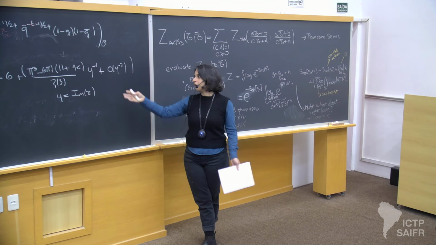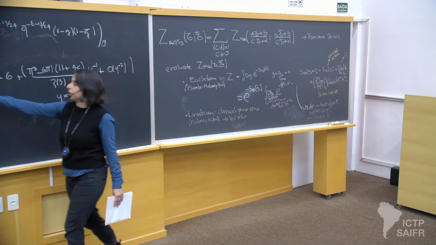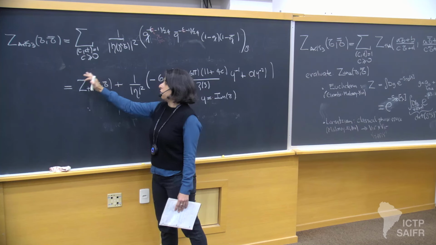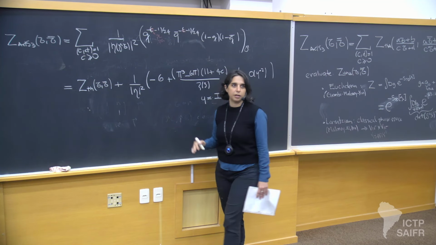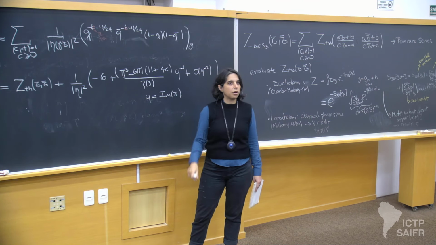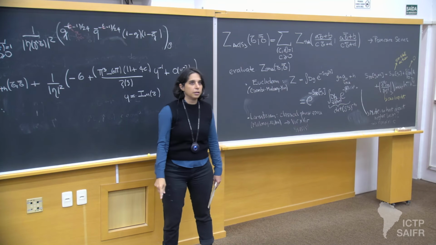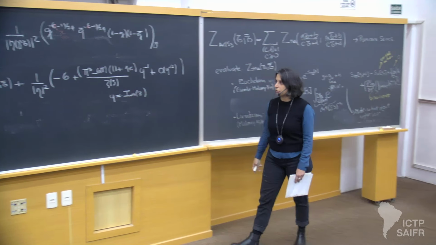So here I just wrote down what you get as an expansion. You keep one part, the first contribution, and the rest you expand in y. Of course, there's still y dependence in the eta, so I'm just trying to illustrate what we get. So this is what you get.